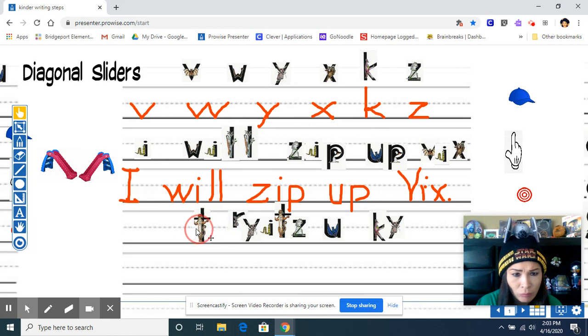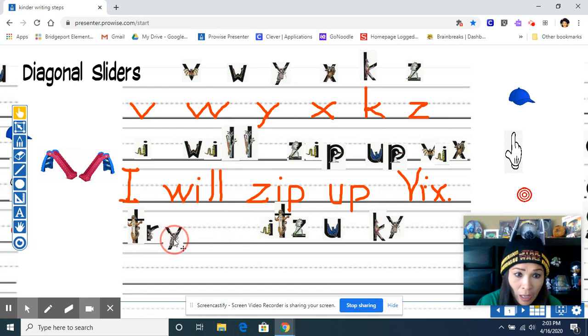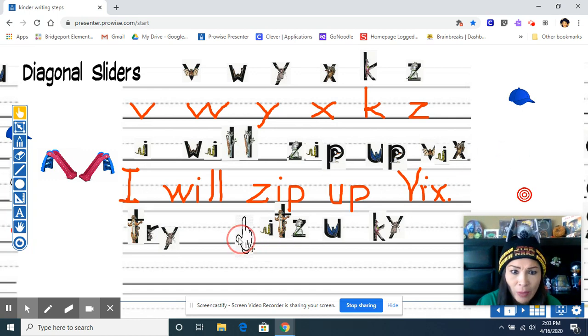Okay, so I'm going to move this here. That's the word try. Try, finger space, try it. Try it. Finger space.